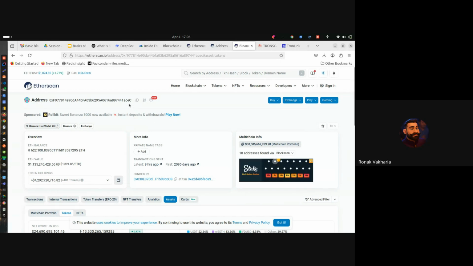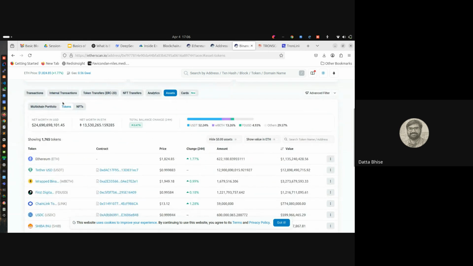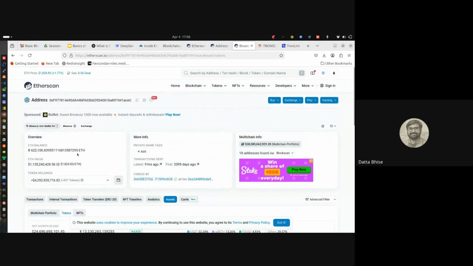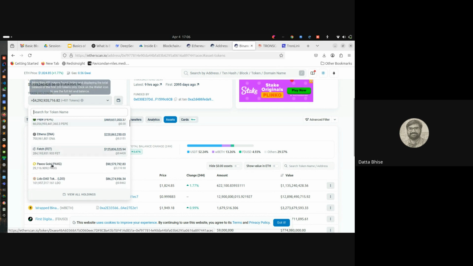Yes. Okay, this is one Ethereum address, and you can see lots of balance because it's a Binance hot wallet. The same address now has lots of balances: 500,000 Link, Pepe coins.